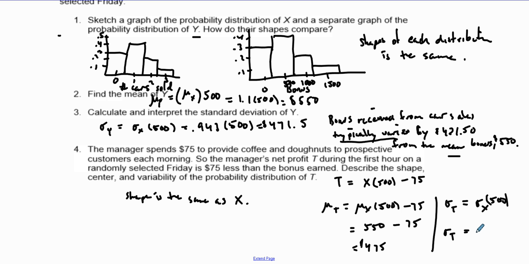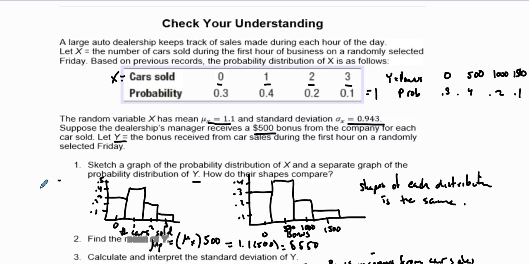And so it's going to equal, right here, $471.50. And that's what we know. All right, and so those are the three things they're looking for for T, which is the total amount they're making for the bonus. All right, well, I hope this helps you out on how to figure out transformations, and we're going to do another example in the next video.